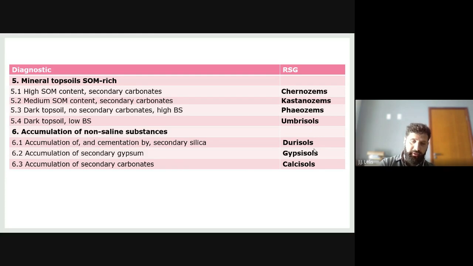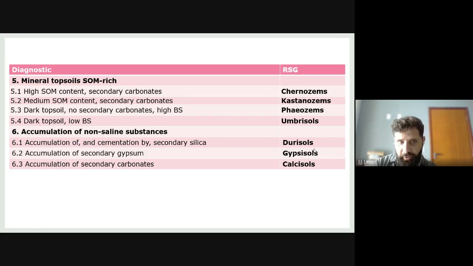So the durisols are those soils that possess a cemented or accumulated horizon by secondary silica. Okay. We also can find some soils that possess secondary gypsum, and the gypsum is a calcium sulfate. So if we can find formation of secondary calcium sulfate in the soil, we call the soil a gypsisol.